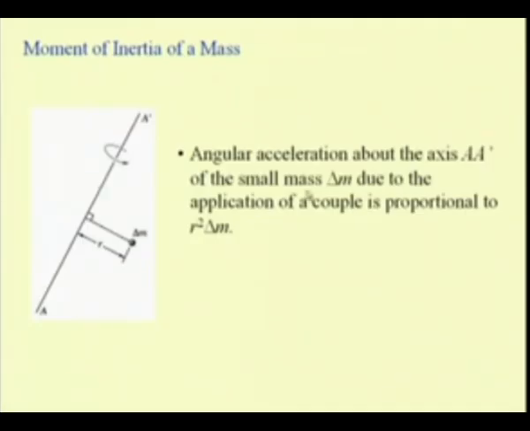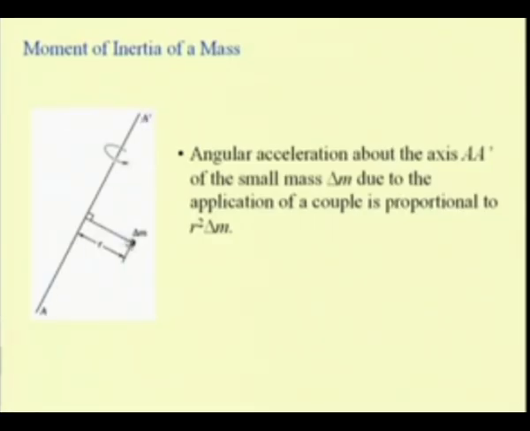So, the angular acceleration is proportional to r square times the mass of the particle or an object, and since we are assuming that the mass is very small, there is no difference between various particles of this unit with respect to this axis A prime.